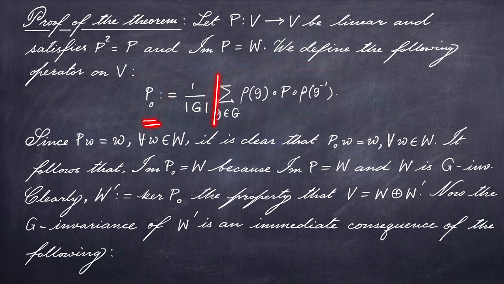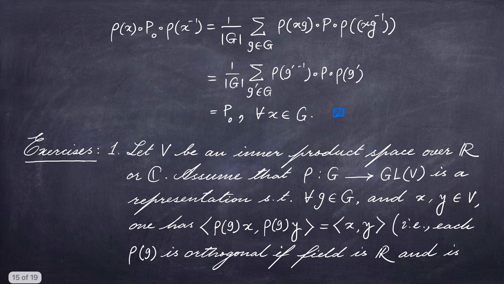That is because we have considered the sum of all possible conjugates of P. So now let's do the formal verification. For any x, this happens to be this. Since x is fixed and g runs over all elements in G, these are basically all the elements of the group itself. Hence, this happens to be P naught only. So this finishes the proof of this theorem.